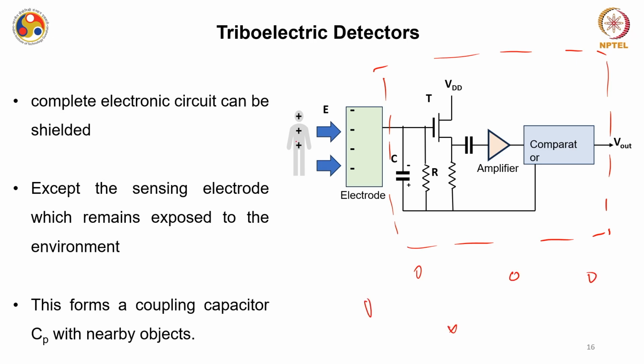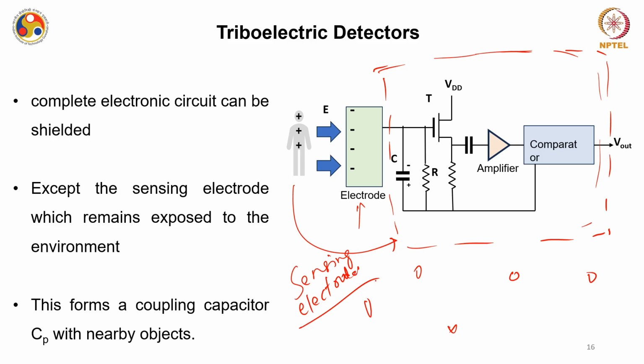For example, if a person is in the vicinity of this circuit, to avoid any confusion or to minimize the parasitic capacitances, this complete circuit can be shielded from the vicinity, while this electrode, which we call the sensing electrode, is exposed to the environment.